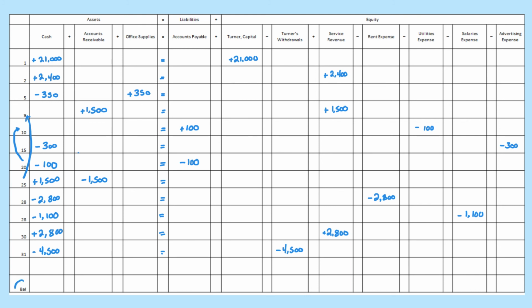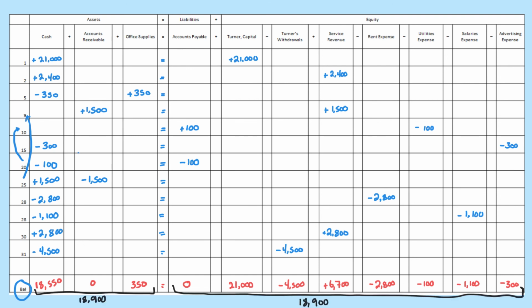We need to find the balance for each column, for each account. Now these are the balances for each account. So to double check your answers, your total assets should equal your liabilities plus equity. So let's check. So my total assets was 18,900. My liabilities plus equity is also 18,900.